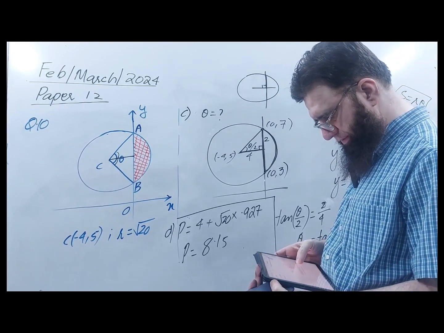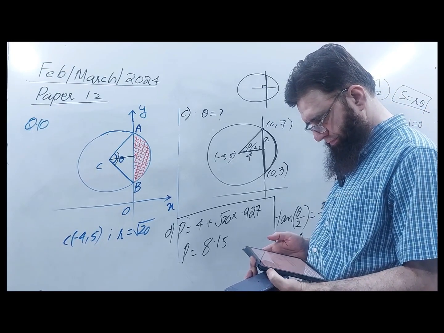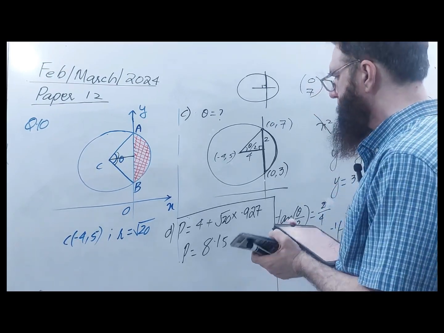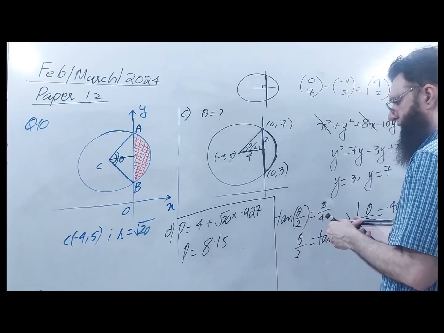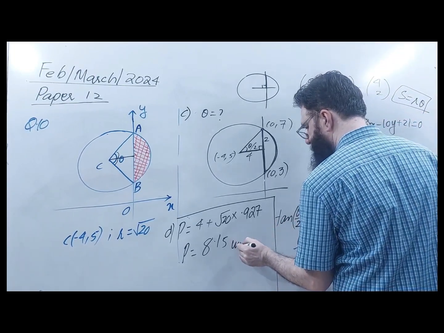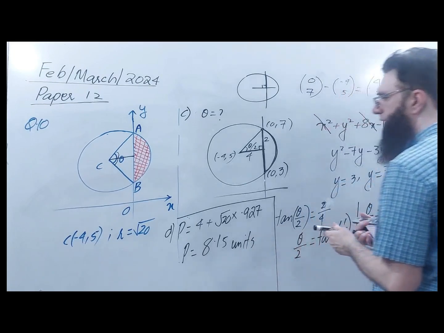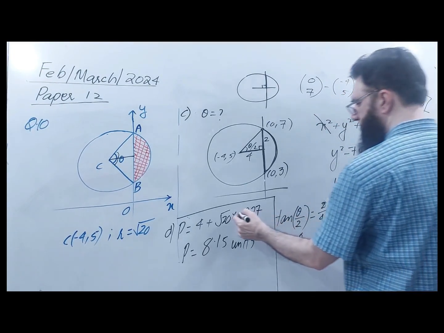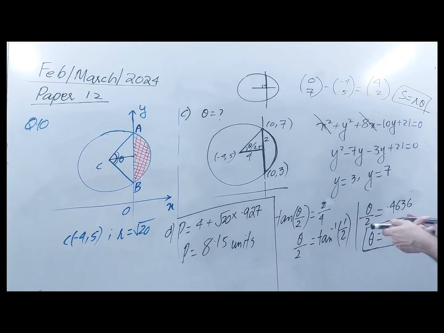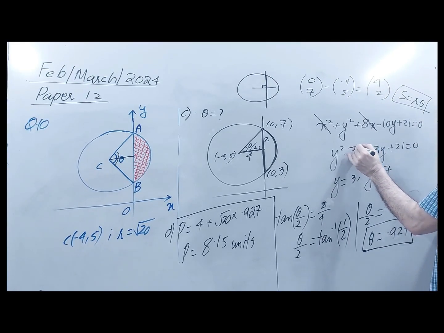So the data has no units, so 8.15 units is the perimeter. Please do check for numerical errors. I'm trying my level best not to commit one. And if you find any error, please do let us know in the comment section. And this is how you do it. I hope this is clear.